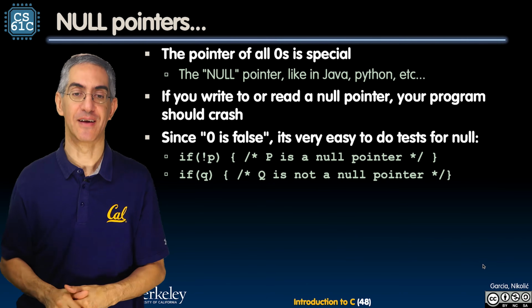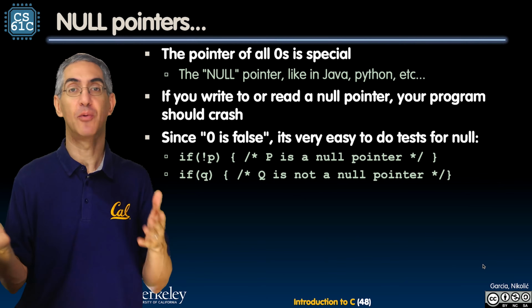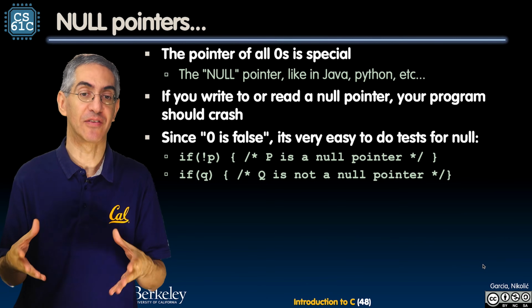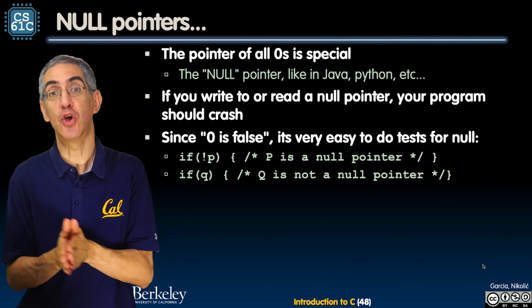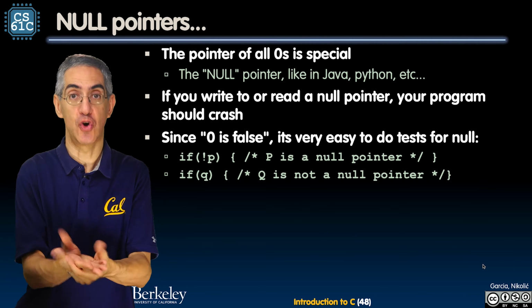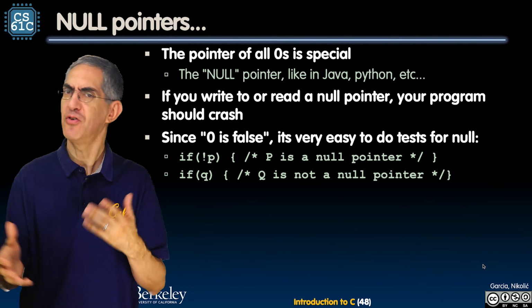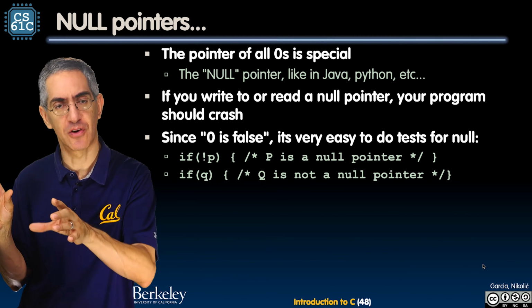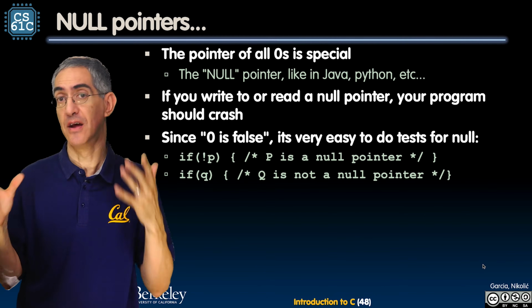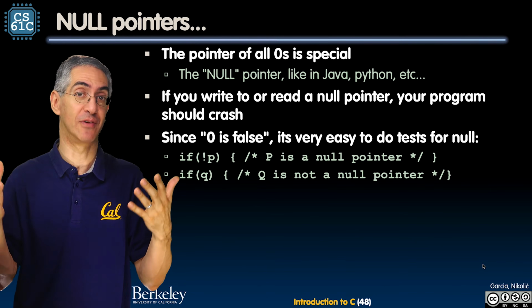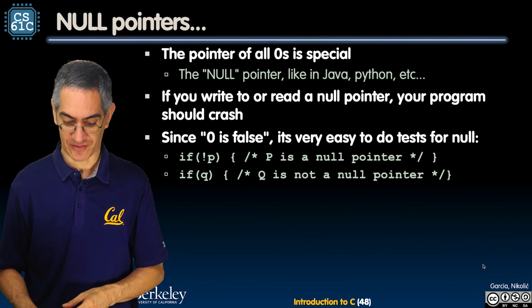So that's cool. That says if not p, that's a way to say p equals null, the same thing as saying if not p. If I say if q, that's true only if q is a good pointer. So you can use the fact that pointers are 0 when they're bad, when they point to null, and non-zero when they're good, point to some actual data, as a useful test in your code.